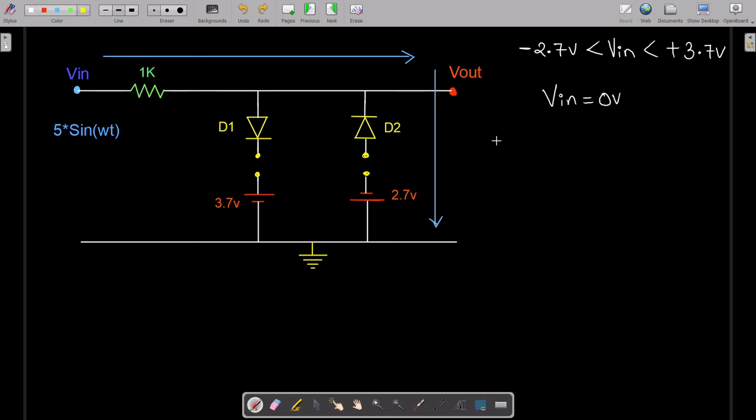Let's suppose this is your input, and there is diode D1, but since our V in is 0 volts, it is acting as an open switch. Again over here the diode D2 is off, so again it is acting as an open switch, and this is our V out.